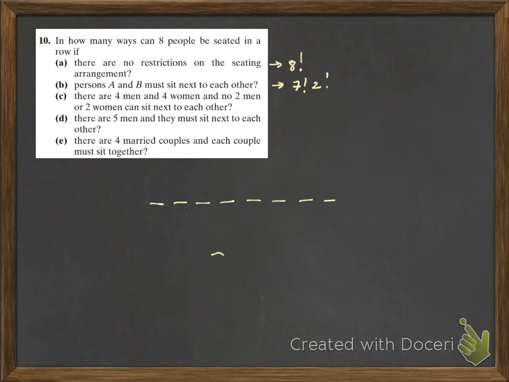So if a man starts first, so there's M1, then we know that we have another man there, another man there, another man there, and then we have woman 1, woman 2, woman 3, woman 4. That's the only seating of gender that we can have if men start first.